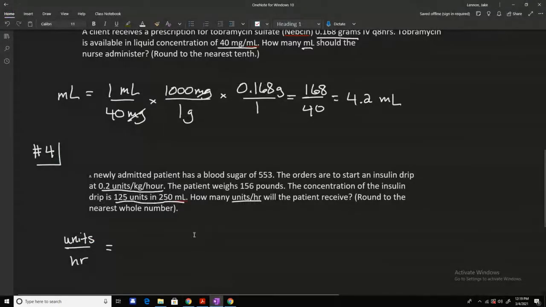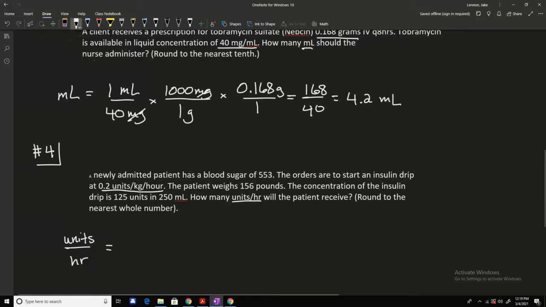The reason it's correct, I would say this 0.2 has both units and hours, so it's matching 2 things that we already have here. A lot of times when you'll have the thing that you're looking for appearing twice, you're going to have extra information. So we're actually never going to use that 125 units and 250 milliliters in this problem.